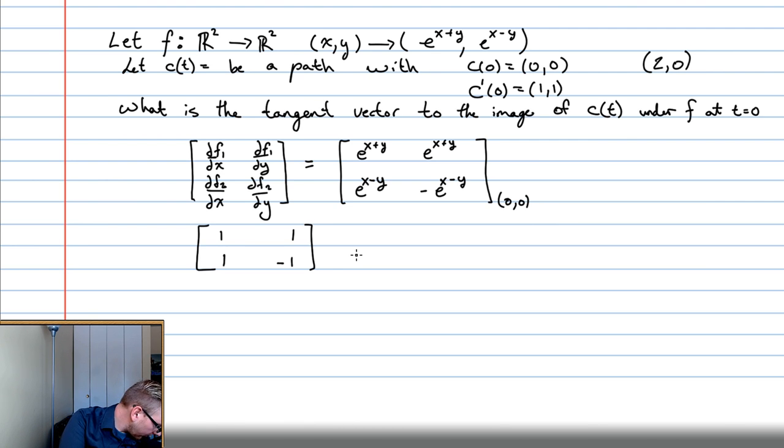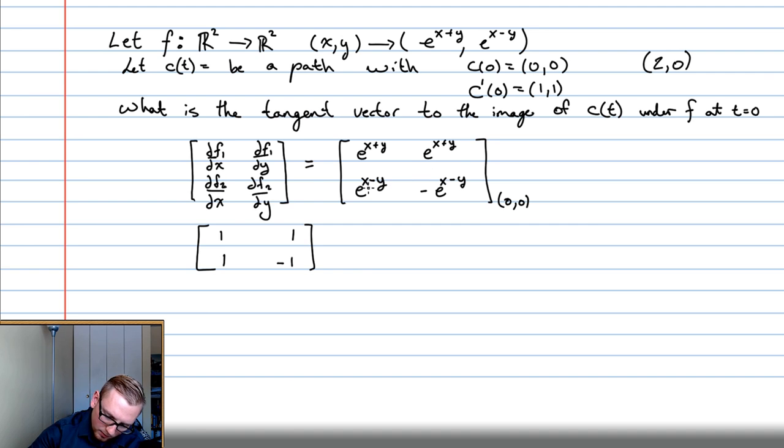Now let's see. The column vector. I wonder if, let's see, e to the x plus y and e to the x minus y, and 0, 0 would be in that matrix.